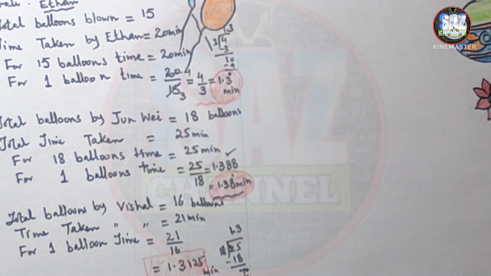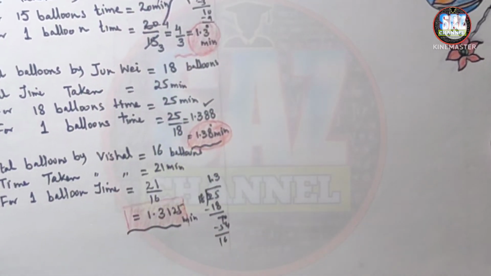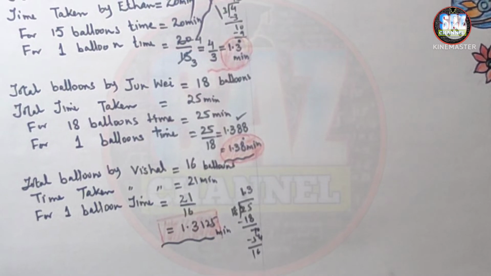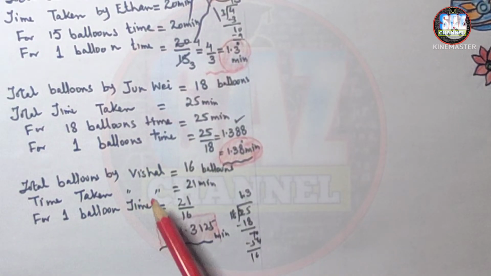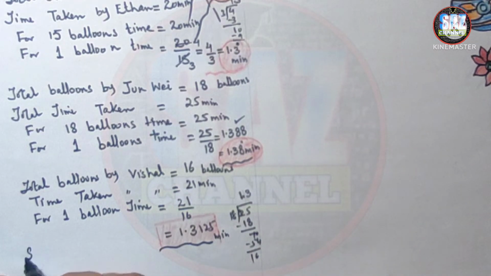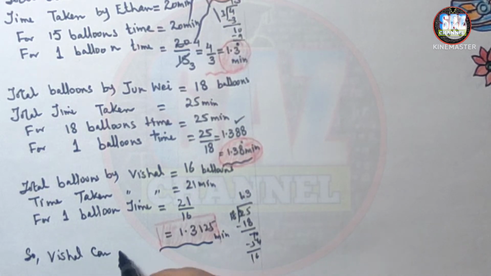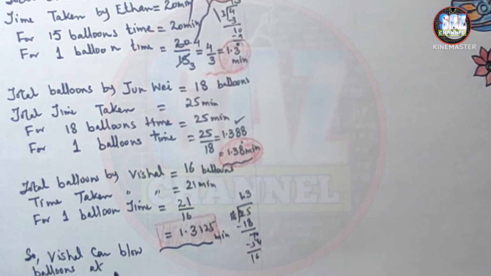Like who is taking less time? If we compare the times, Vishal is taking less time than the other 2 people. So Vishal can blow balloons at the fastest rate.